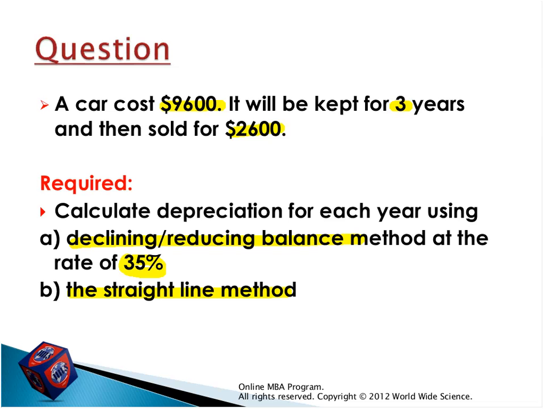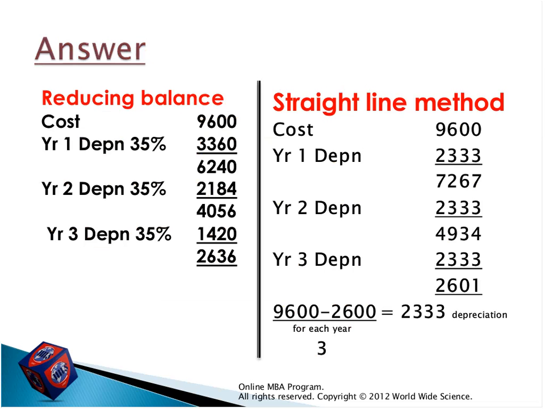Okay, let me show you the answers. That will be best. Okay, here it is. So straight line, let's start from the straight line. You have given me a correct answer. For each year, we have the same depreciation cost, which is equal to 2,300 for each year, right? And at the end of the third year, we have a disposal value, which is 2,600.